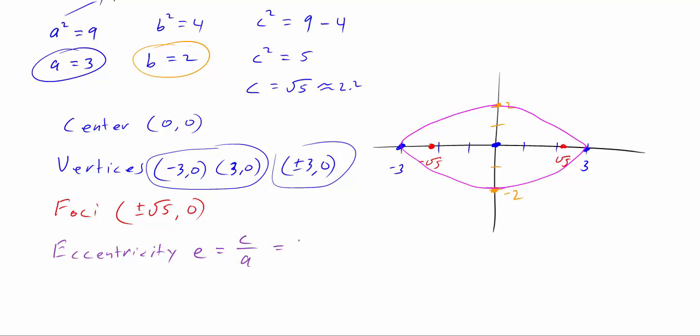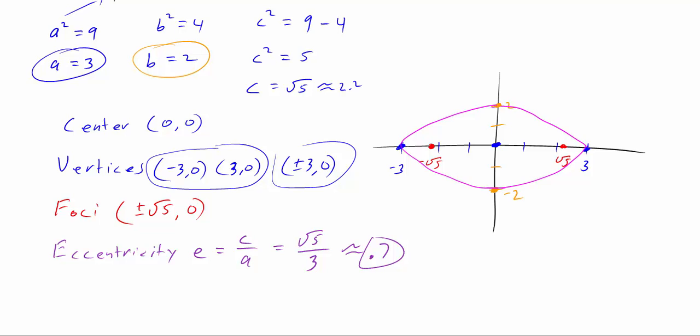So our c value is the square root of 5 over a, which is 3. And if you were to put that in the calculator, you would get approximately 0.7. And this value is closer to 1 than 0, so we can see that it is more elongated than it is circular. So there we have the key points for finding the graph of your ellipse.